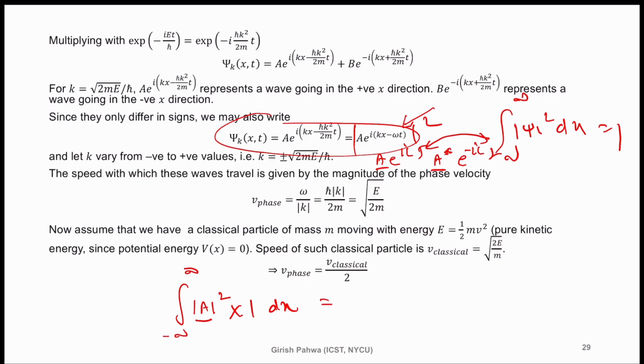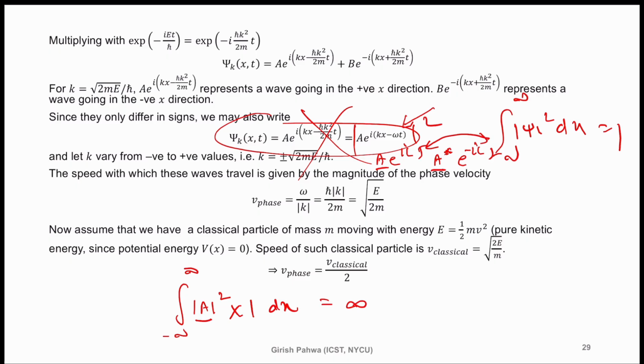So a is a finite number, mod a square is a finite number, and you integrate that number from minus infinity to infinity. Basically, you are summing up that number from minus infinity to infinity. Keep doing that. So what do you get? Infinity. So this is infinite. Not a valid solution. This does not correctly represent a particle.